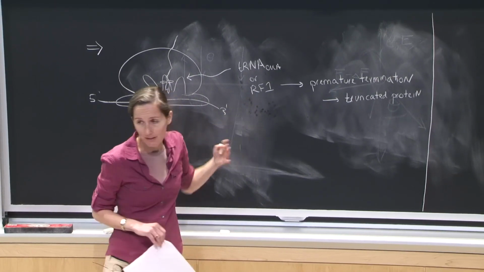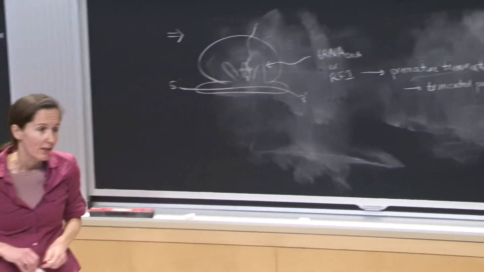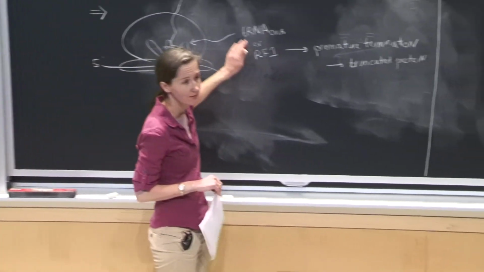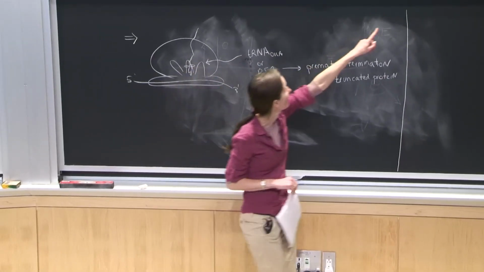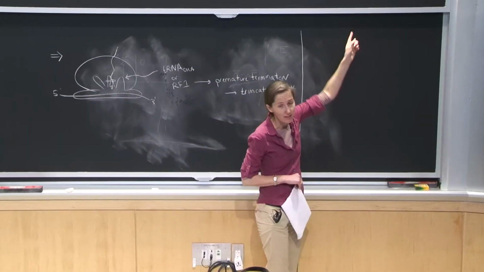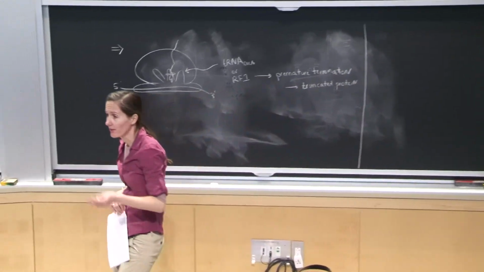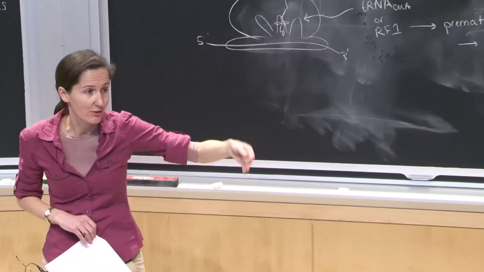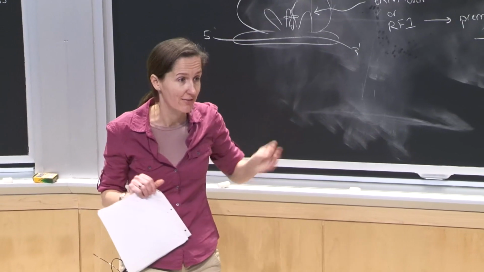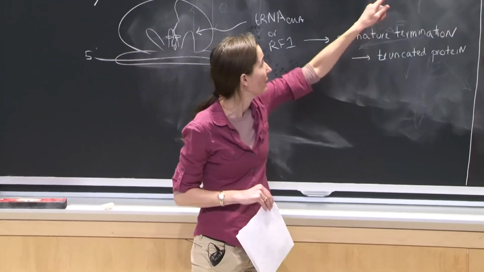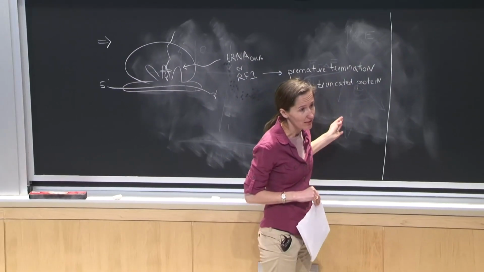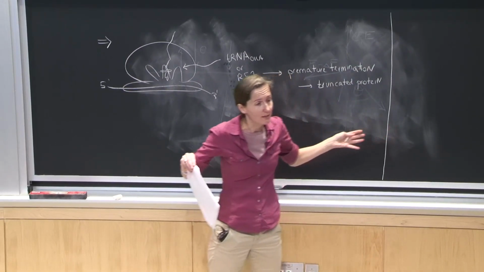This release factor 1 is in the endogenous pool. So the question is which one gets there and does the job, right? And so what that gel's telling you is that there's a mixture, right? Sometimes the tRNA will get there and translation continues until you get to the desired stop where you want translation to stop. Or if the release factor gets there, you get termination. So you get some truncated protein.